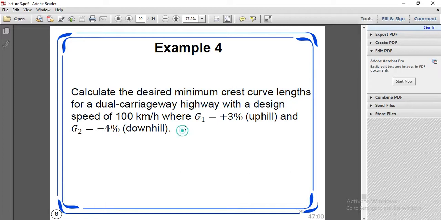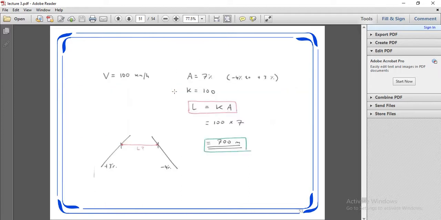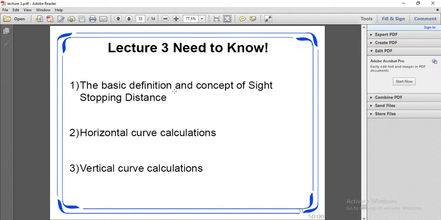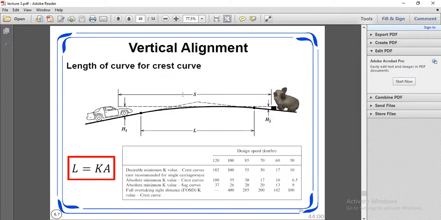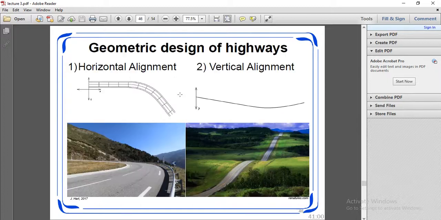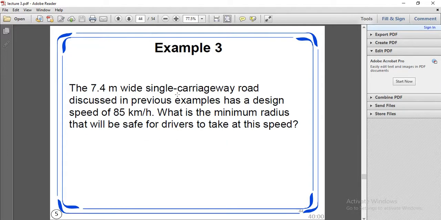For that we just need the absolute minimum crest curve length. What was discussed in the previous section was, as a design speed, what is the minimum radius.